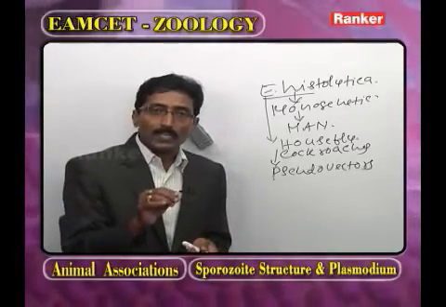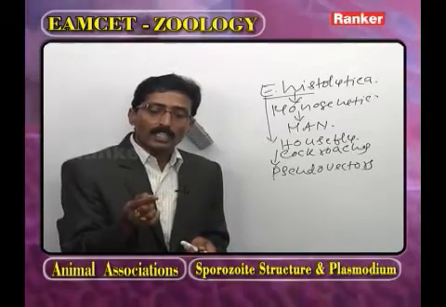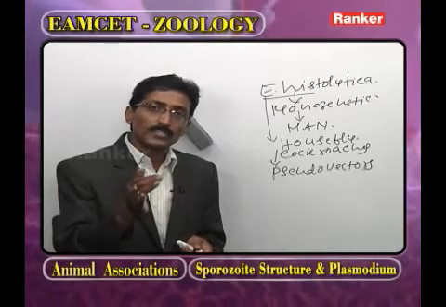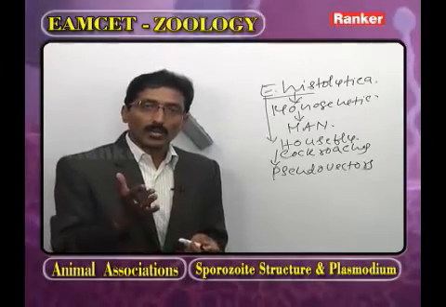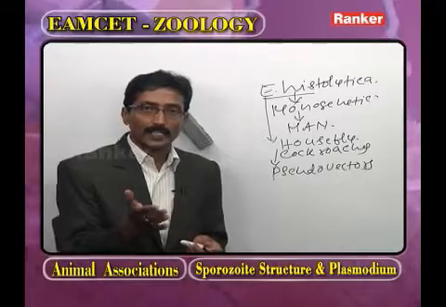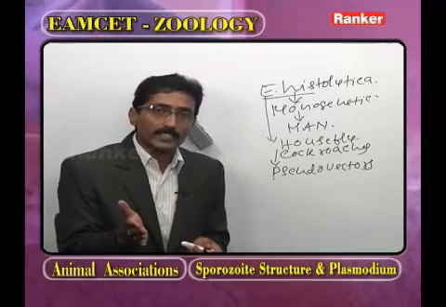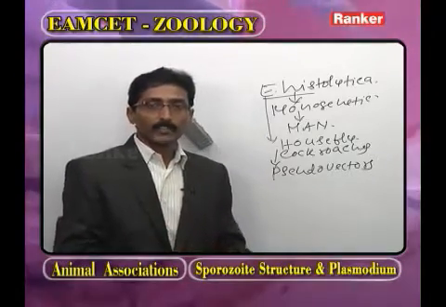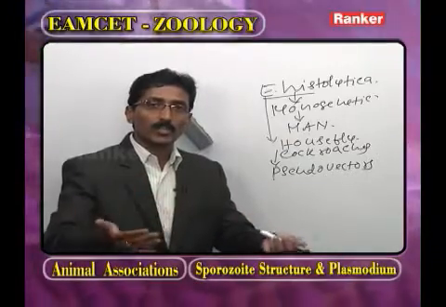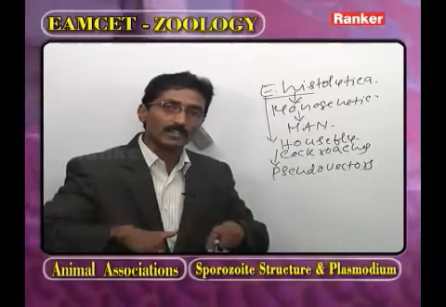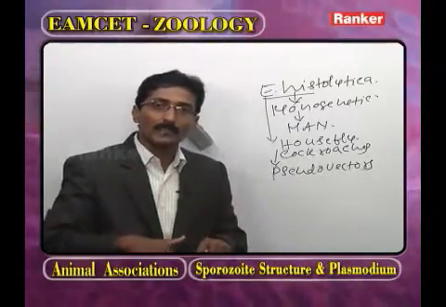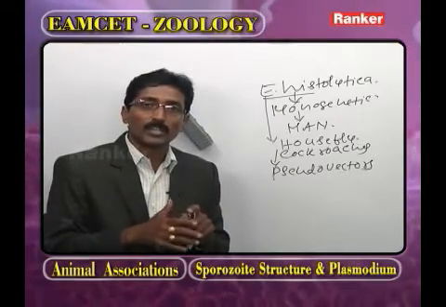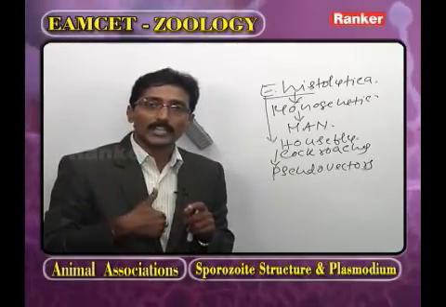The houseflies and cockroaches alight on the fecal matter, and along with it, the tetranucleated cysts get attached to their bodies. Whenever they alight on our eatables, the food is contaminated. Along with the contaminated water and food, we get the tetranucleated cyst.